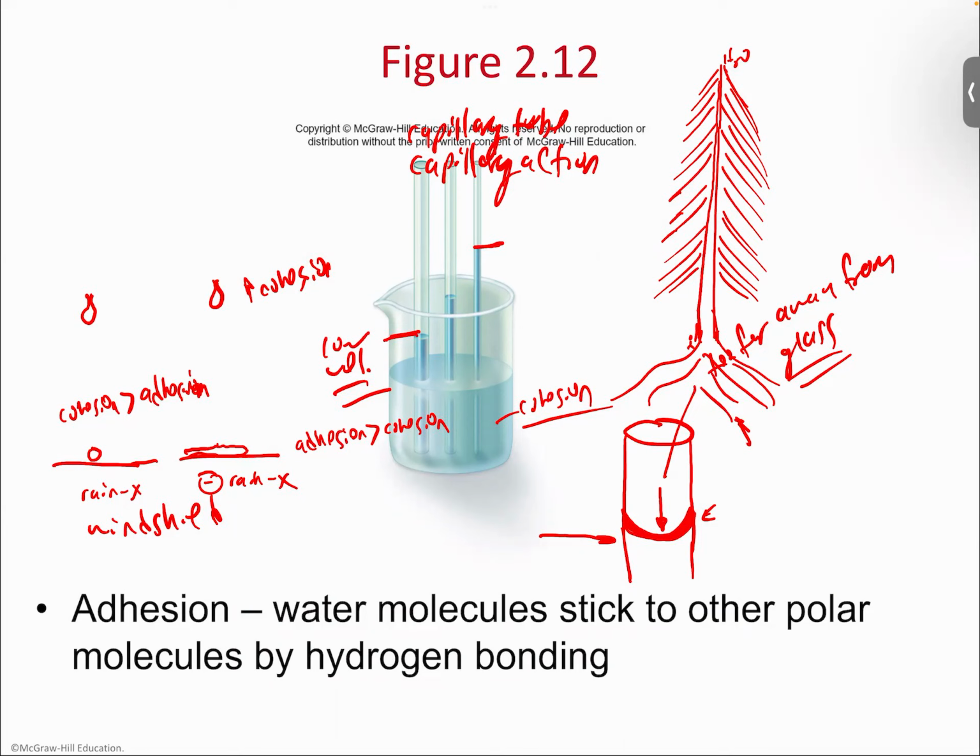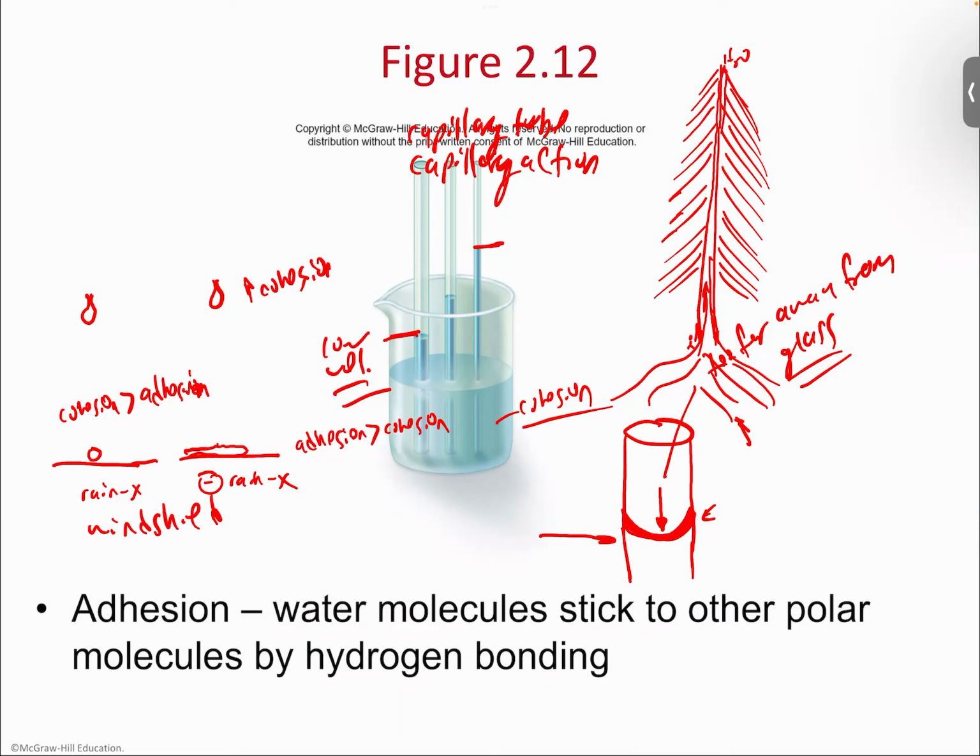If you have a small diameter glass tube that's able to get fluid coming up, imagine how much further you can get it if it's a super tiny diameter, and you've got a lot of them. That force of capillary action is sufficient to suck the water up through these little capillary-like tracheid vascular tissue all the way up to the crown of the tree.